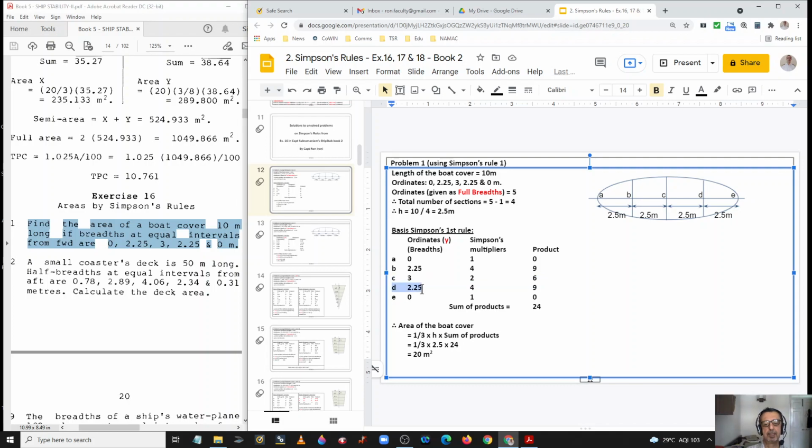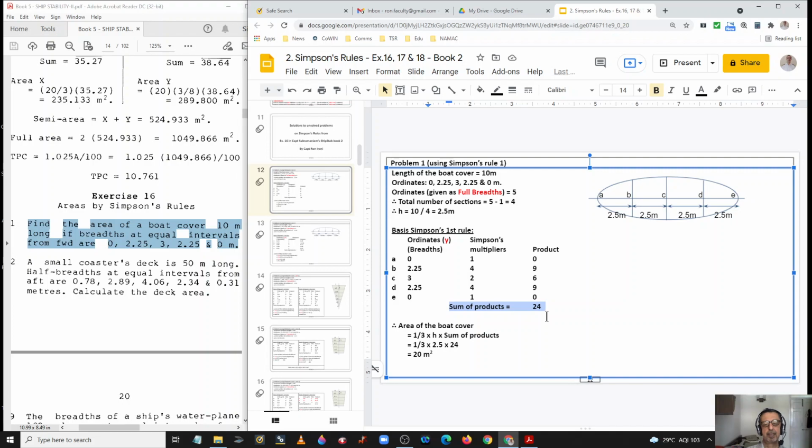For ordinate D, the breadth is 2.25, the Simpson's multiplier that we use is 4, and therefore the product is 9. For ordinate E, the breadth is 0, the Simpson's multiplier we use is 1, and the product is 0. Therefore, the sum of all these products is equal to 24.